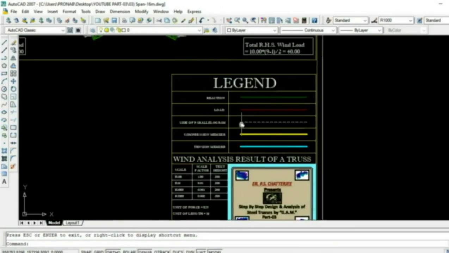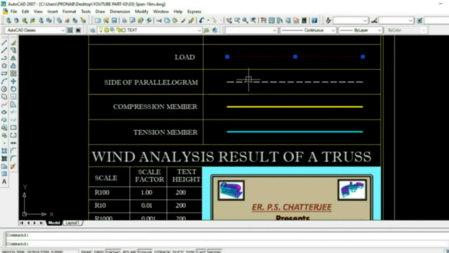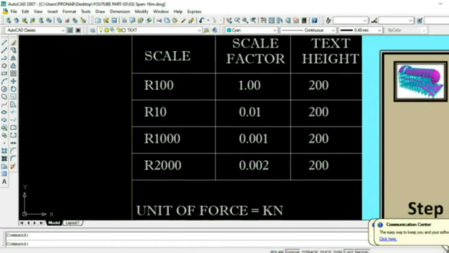Now this is the joint. Reaction green line, load red line, side of a parallelogram dotted line, compression member yellow thick line, tension member blue thick line. Scale R100, scale factor 1, text height 200.